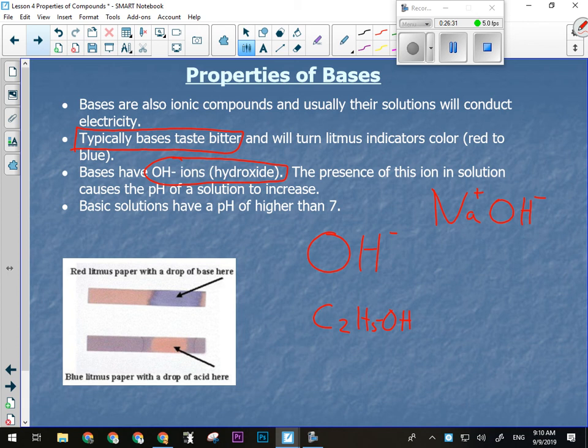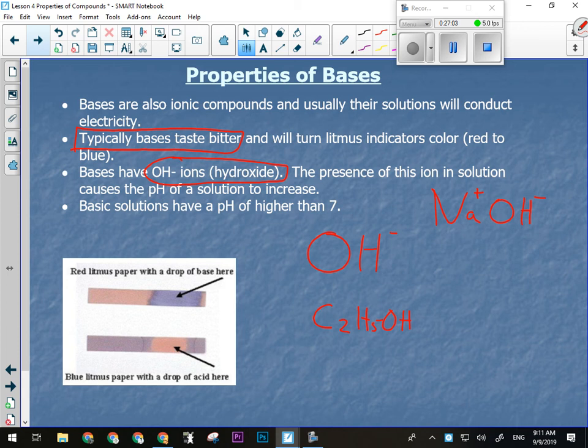So even though it looks like it should be a base because it ends in OH, it's not. In fact, this is alcohol. This is the formula for ethyl alcohol, C2H5OH. It's not a base. In fact, it's got a pH of about 6. If anything, it's a very, very weak acid. It's not going to break up when I put it in water into charged particles, so it won't create a basic solution. So that's something to watch for because it can be misleading.